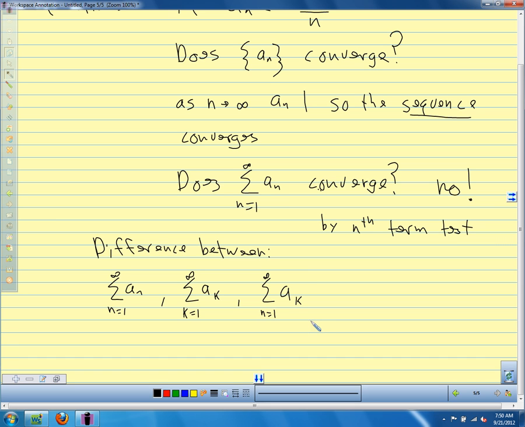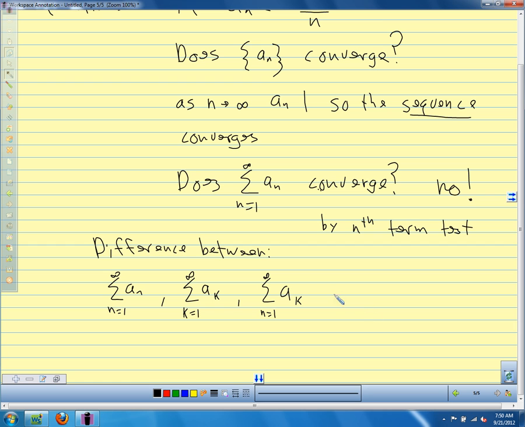What Liam is saying is a sub k is just some number, right? If they say a sub k is 10, this is telling me to sum 10 an infinite number of times. So this is just the sum of a constant. The a doesn't change, my terms don't change as I index my sum.